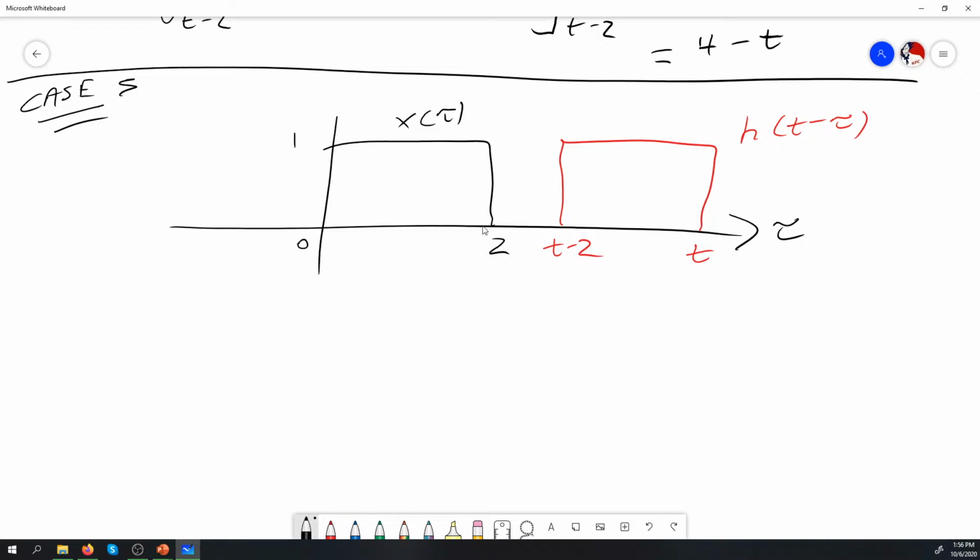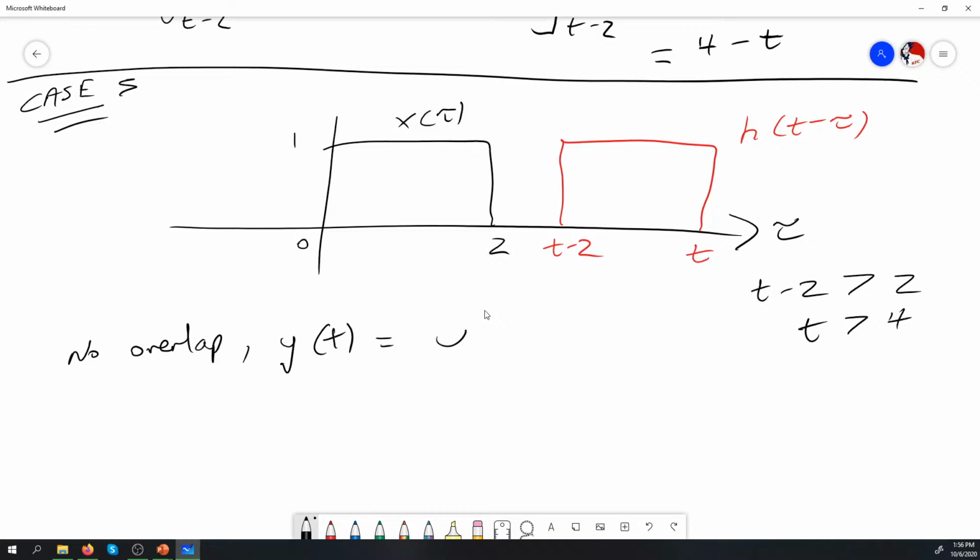So a nice way to evaluate the time range for this part here is that we know that this intercept here, t minus 2, is going to be more than 2. So we say t minus 2 is more than 2. So in this case, t is just going to be more than 4. And we have no overlap. So y of t is equal to 0.